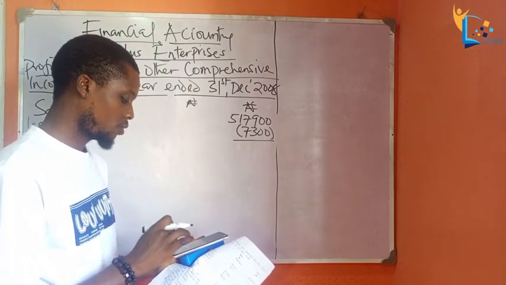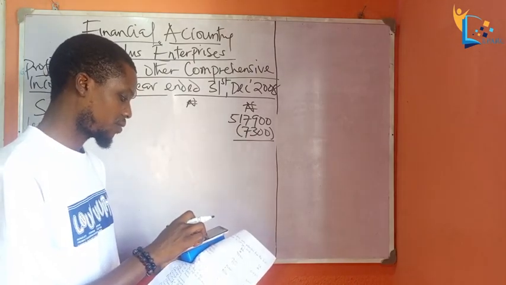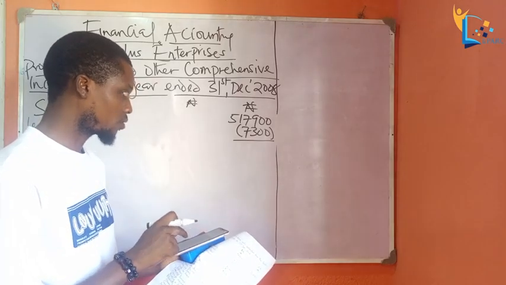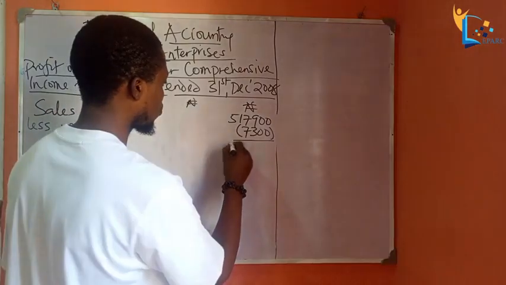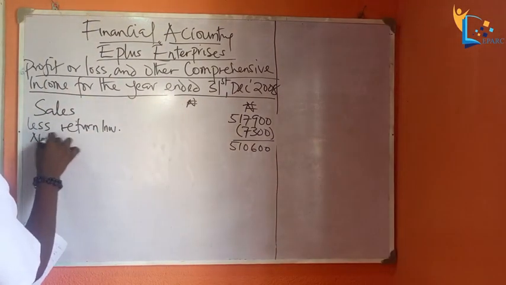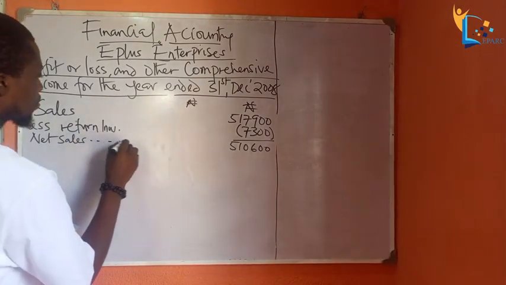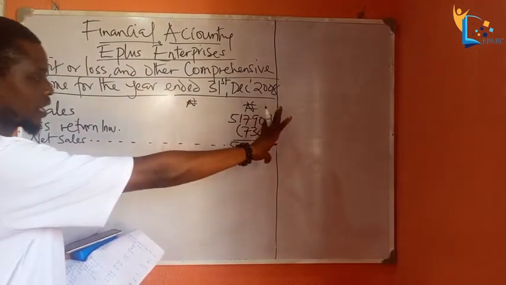So let's deduct. We have 517,900 minus 7,300, 510,600. So these are our net sales. That's that on that part.